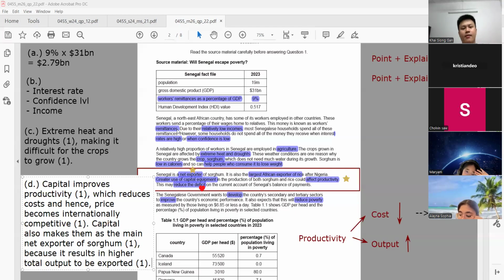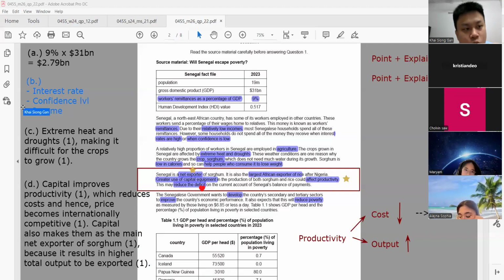Just like that. So meaning to say, for this question, what makes me able to score is because first I talk about productivity, and I extend the elaboration by focusing on the cost and focusing on the total output.